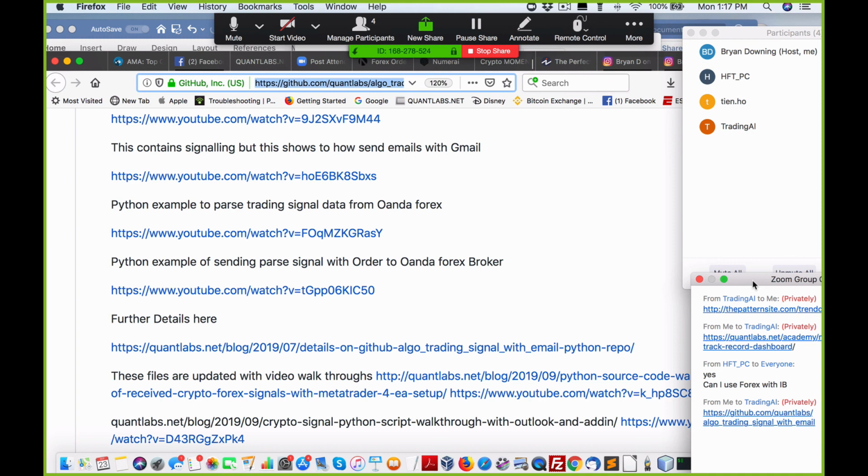I'm going to do a code review of the latest one because there was some, I'll call it butchering, to get it working. And then do a code walkthrough of that and a demo of the MetaTrader. Hopefully you can get some live signals come in. If not, I have a script that will send over mock signals and watch the EA, see if it works.